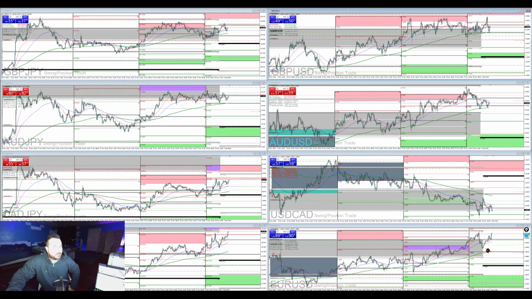So not for the euro, not for the USD CAD, Australian yen, no, or the pound USD. I haven't had price come down towards central pivot enough on that one.